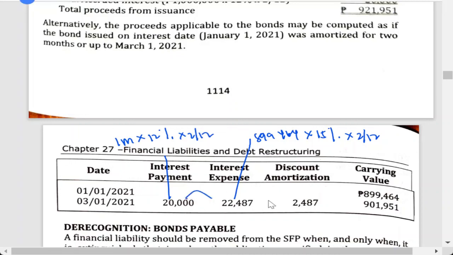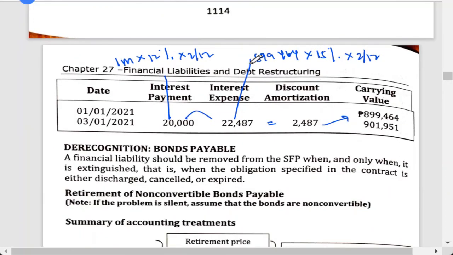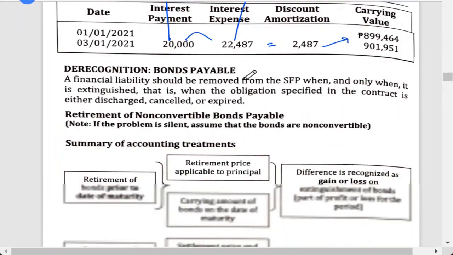You get the difference, so you will get 2,487. So, you add it: 901,951. Okay. So, that's how you're going to get the issue price or the proceeds when the bonds are issued in between interest dates.